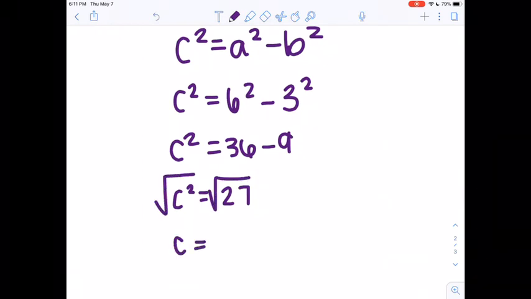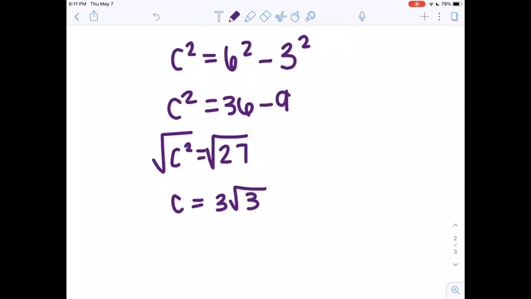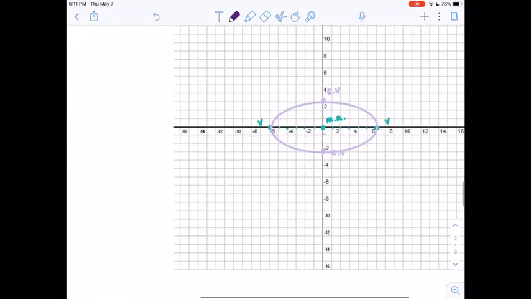So c equals the square root of 27, that's 3 root 3. But since we have to kind of count from the center, we're going to approximate. You could just put the square root of 27 in your calculator, and it's 5 point something. So it's between 5 and 6.